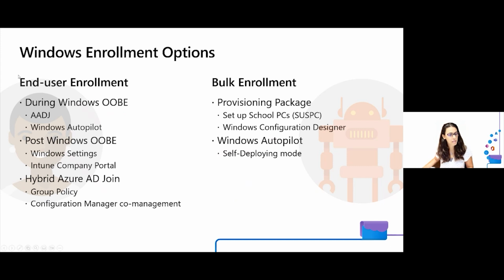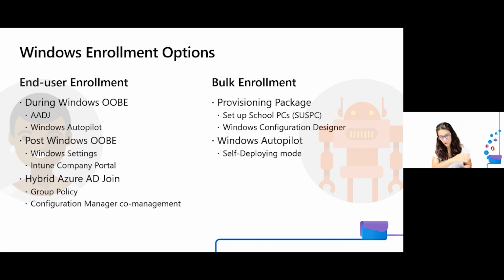So these methods are suitable for one-to-one type of use. And here, during Windows out-of-box experience, you have some methods that work. Windows Autopilot requires the device to be on the out-of-box experience, so that menu before the desktop. But you can also Azure Active Directory join the device during that out-of-box experience.